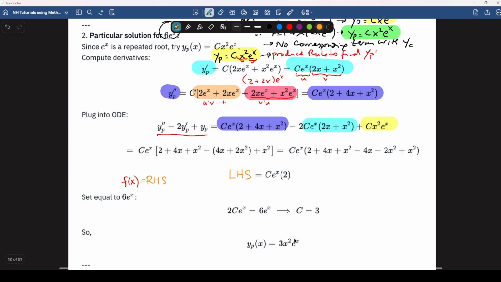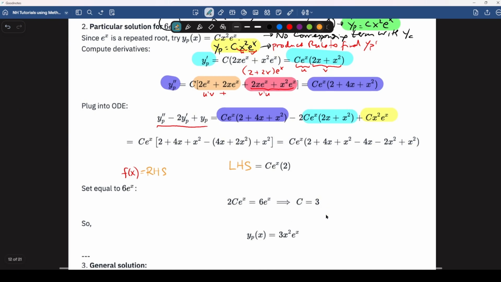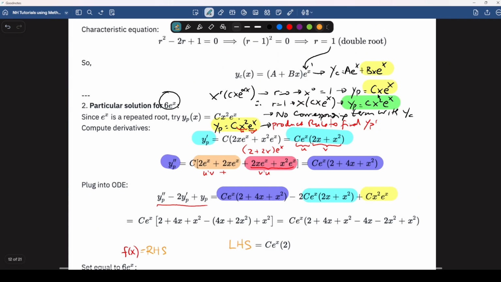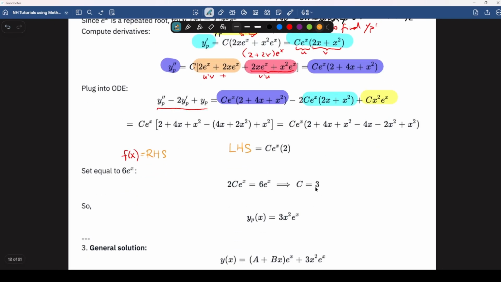This comes down to the value of c being equal to 3. So you can then substitute into the original yp. From the beginning we already chose our yp to be the green one here, c x squared times e to the power of x. We already worked out the value of c to be 3.